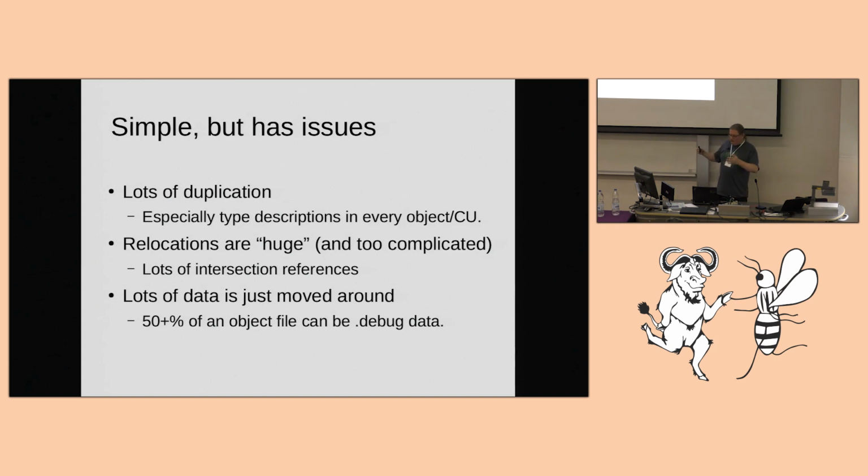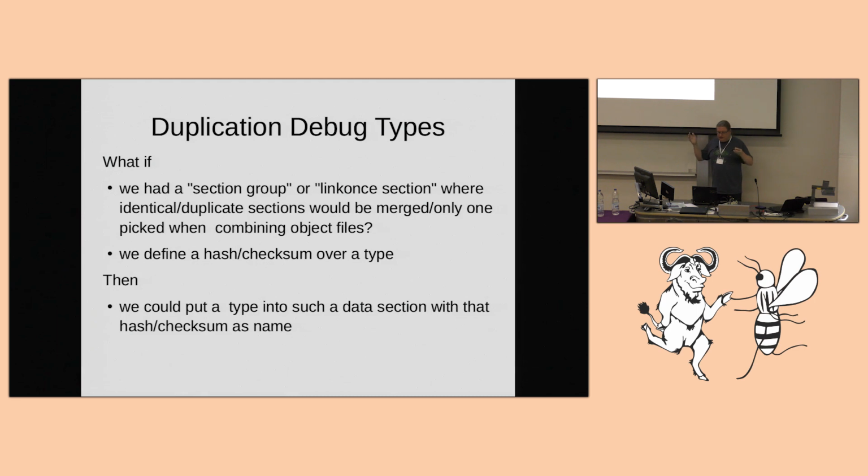Then what you could do is calculate a hash over the bigger types and put those in special sections with the checksum as name, and then the linker could just deduplicate them away. So to do that, you need a different form of reference, which is basically the checksum. If you refer to a type, you refer to the checksum of the type.